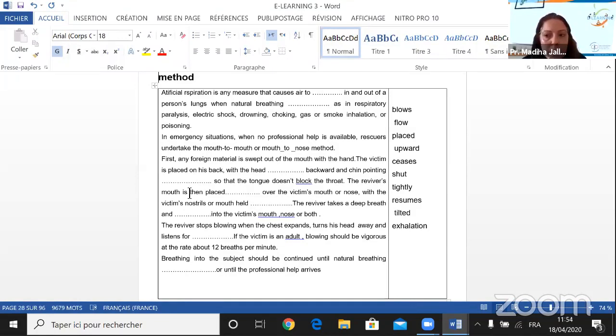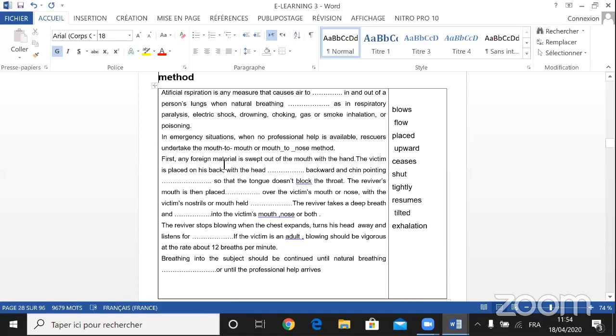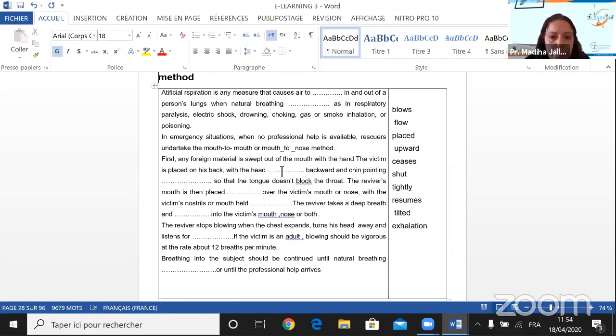Because I made some change. Do you see swept here or no? Okay, so it's swept out of the mouth with the hand.